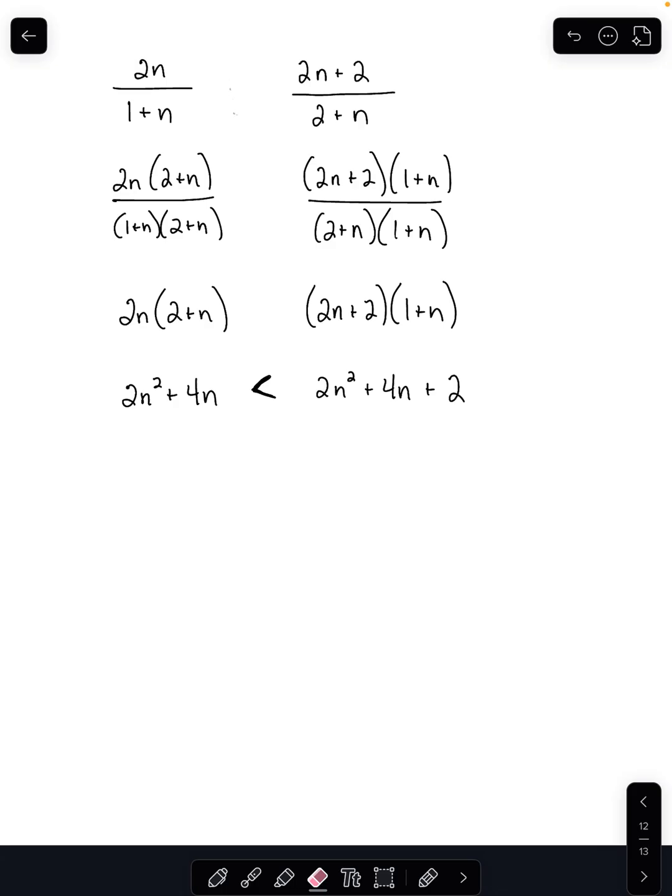So we can come back up here and say that it is the n plus 1 side that is bigger. What this means is that the subsequent term is larger than the previous term.